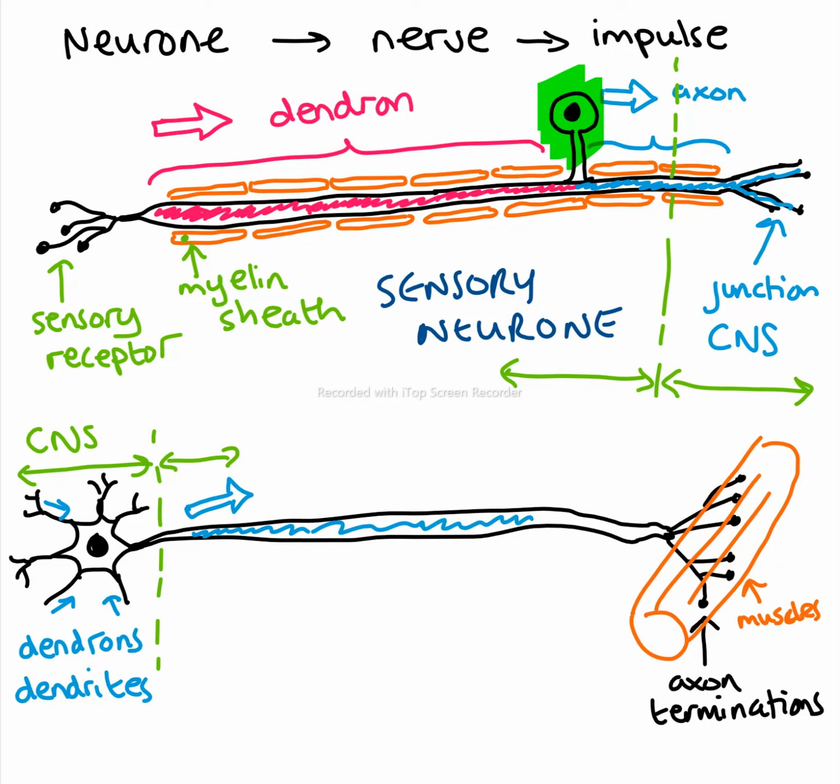Anything going away from the cell body is called an axon. These are the axon terminations that link onto the effector, in this case the muscle, and that'll pull the hand back. This part here is in the CNS, in your spinal cord, and the cell body is inside the spinal cord, but the rest of the axon is outside the central nervous system. So these are the two structures that you need to learn.